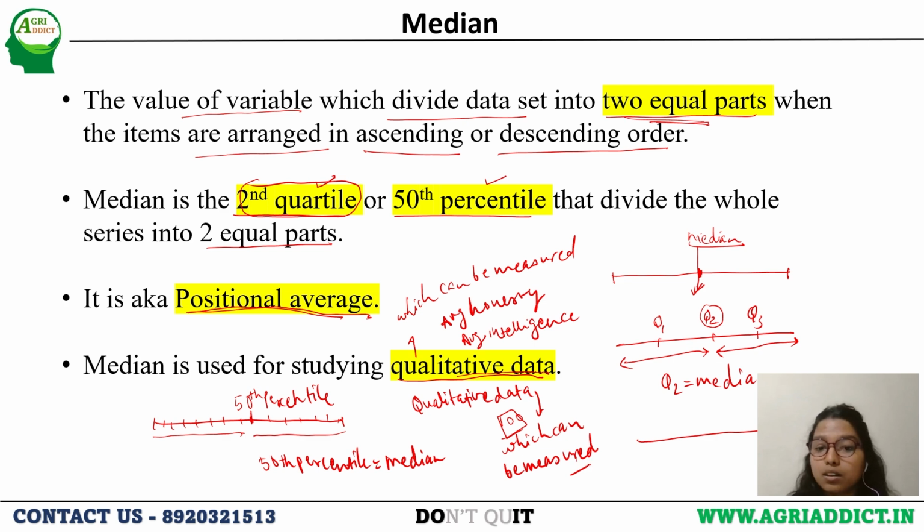This we can measure. But average honesty or average intelligence are qualitative data which we cannot measure. Median is generally used in agriculture, as in case we have to find the medium seed size, then the median will be used. I hope you got the point. Let's move to the next slide.